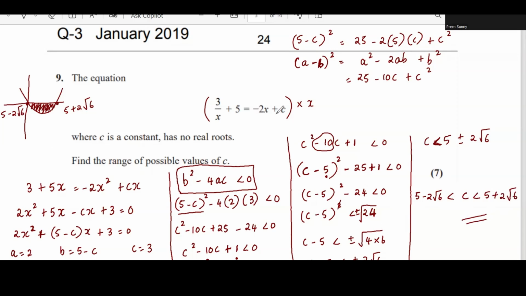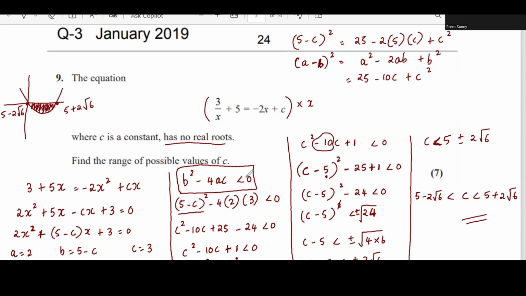So what we did, we just multiplied with x in the beginning to get a quadratic. Then it was mentioned that it has no real roots. So b square minus 4ac is less than 0. We substituted the values and got a quadratic equation in terms of c. The question was to find the possible values of c. We used the completing the square method and got 5 plus or minus 2 root 6.